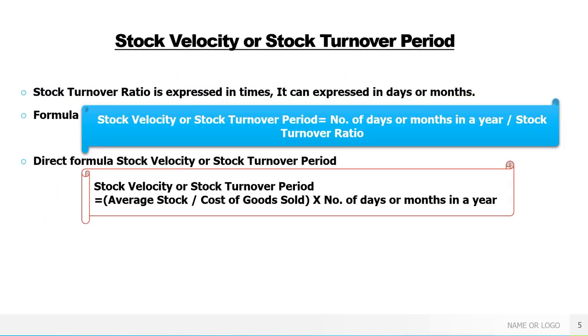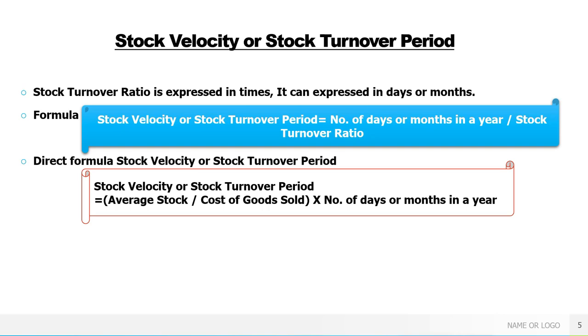Next we have to calculate the stock velocity, or the stock turnover period. We know that the stock turnover ratio is expressed in times. When we have to calculate the result on a days or months basis, we can use this formula to represent the ratio in days or months.